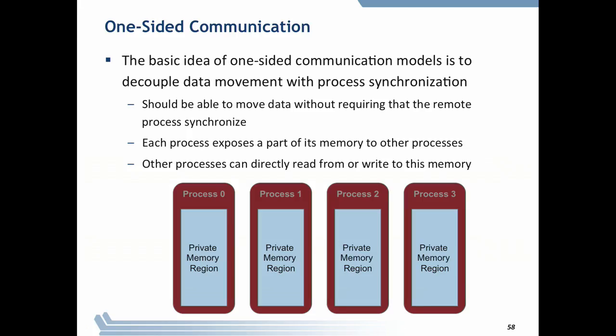And the basic idea here is that you can expose parts of the memory and do direct copies or operations into or from remote memory. So in two-sided message passing, one process sends, another process receives.